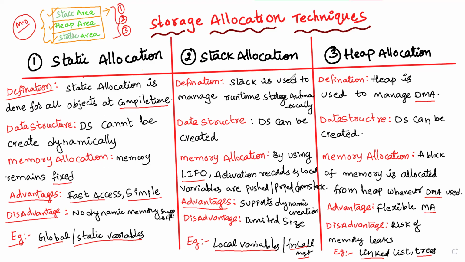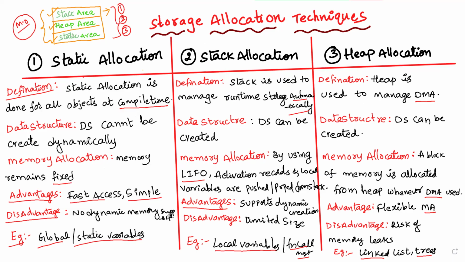So this is all about static, stack, heap. When you see the definition, static data objects are stored at compile time. Stack is used to manage runtime automatically. Heap allocation is used to manage dynamic memory allocation. Data structures cannot be static, but can be stack and heap.